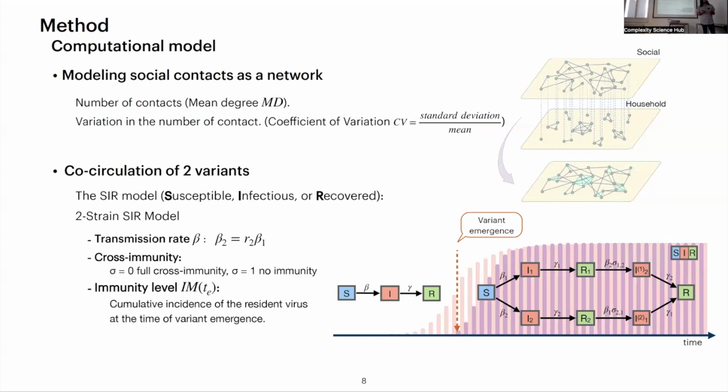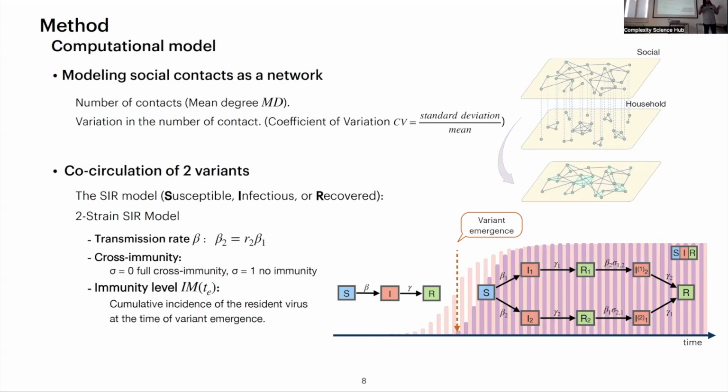Cross immunity is the amount of immunity individuals can gain if they have been previously infected by the other variant. So 0 means that there is full cross immunity, so there is no possibility to reinfect. 1 is no immunity. So if sigma, our cross immunity, is 1, that means that the two variants have no cross immunity.